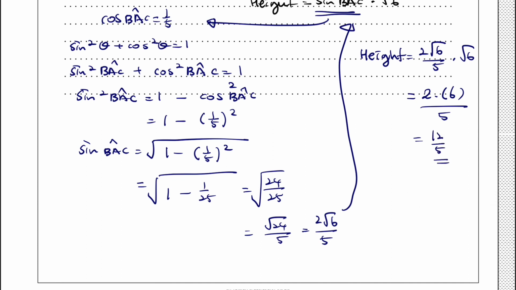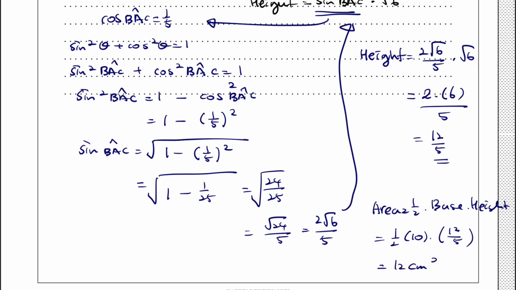So we got the height. Then we can calculate the area using the 1 over 2 times base times height rule. So the area is the same as 1 over 2 times 10 times 12 over 5. Then we get the final answer of 12 centimeter square.